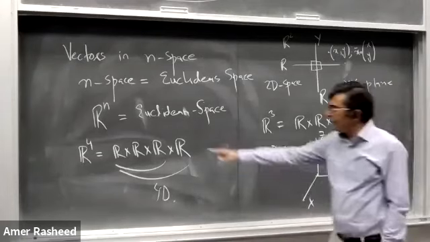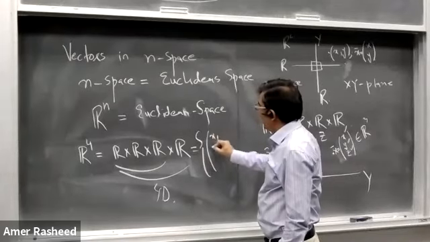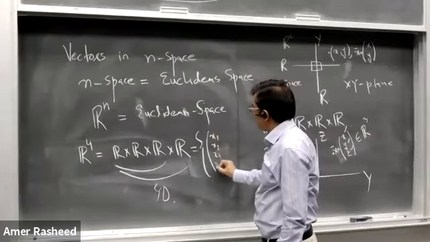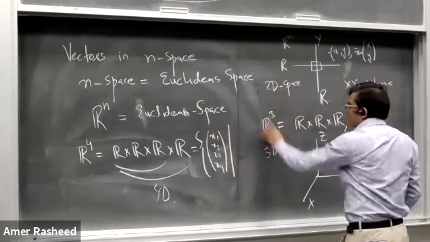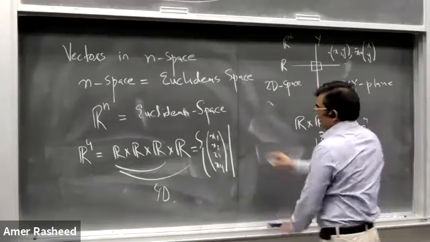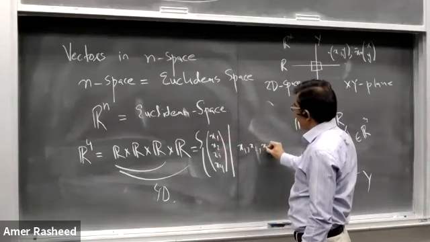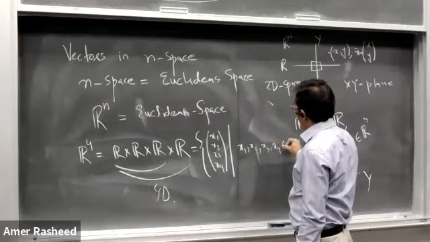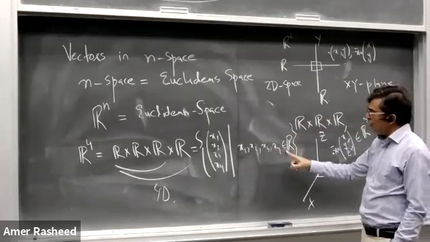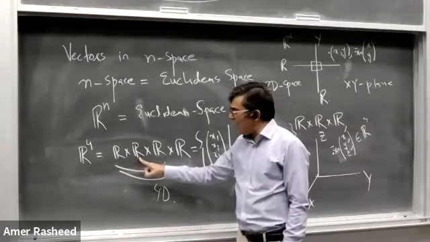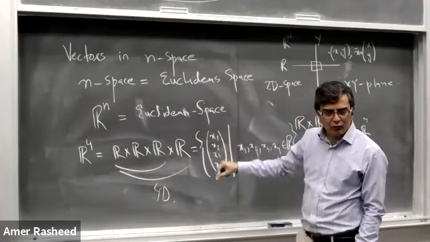Now, if we define R4, it would look like X1, X2, X3, X4, such that all these components X1, X2, X3 and X4 belong to R individually, but as a whole, this is a vector in R4.